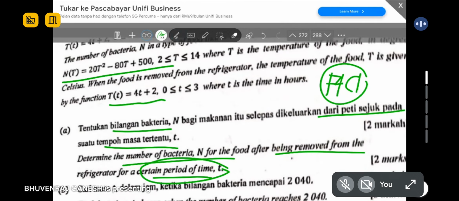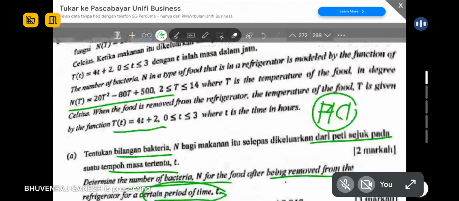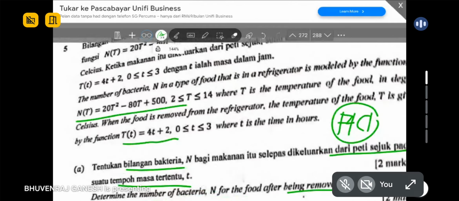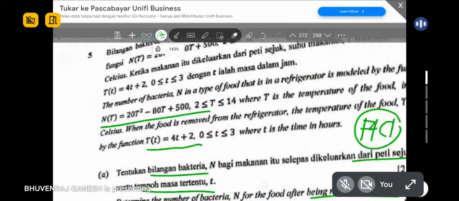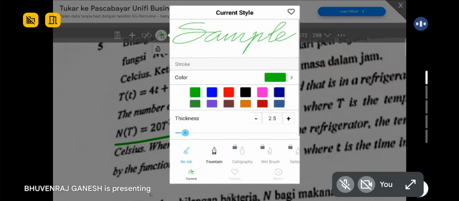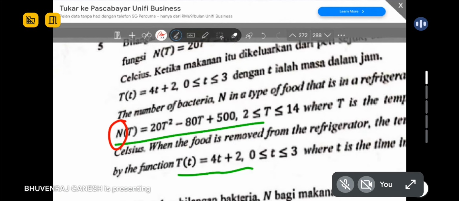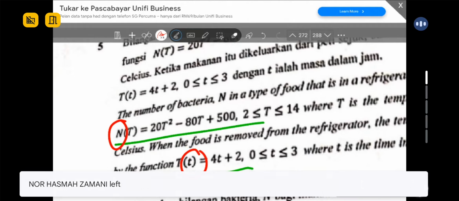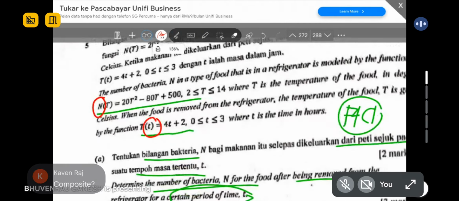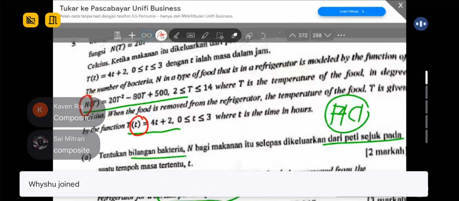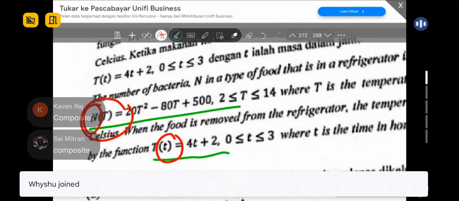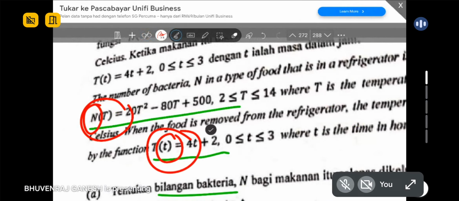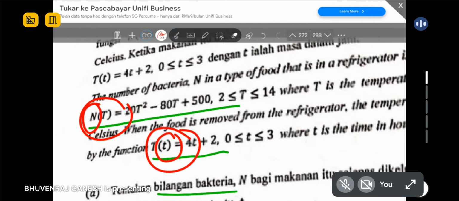Dia tanya tentang aplikasi. So you guys see N, you guys see small letter T. So what type of function is this guys for part A? Apa jenis fungsi dia? Yes, you must combine these two functions guys. So it's composite function, fungsi gubahan.